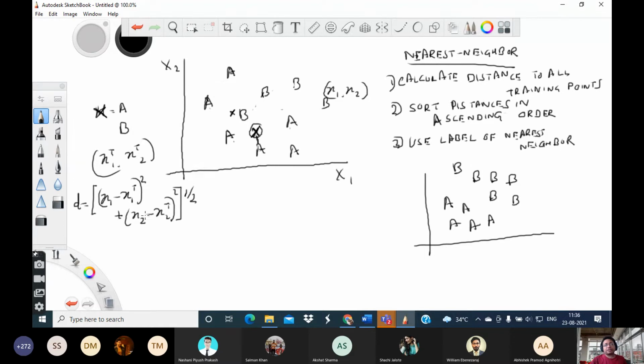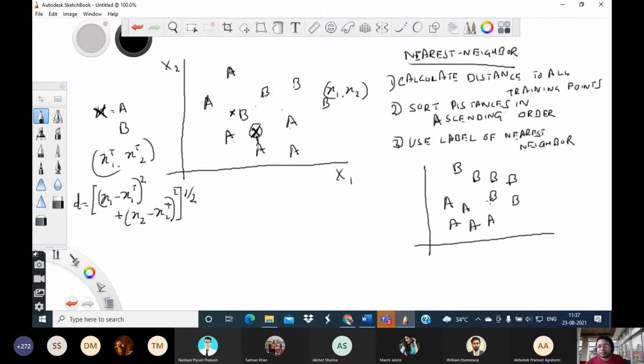This is the standard definition of Euclidean distance. That's what we are calculating here, and obviously we are using both x1 and x2. So both features are being used here. It's not that we are doing it on one feature or anything. We are doing it on both features. Now suppose there is a data set. This is the data set we are considering.